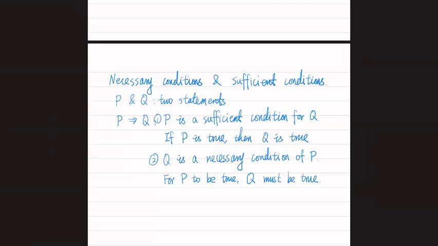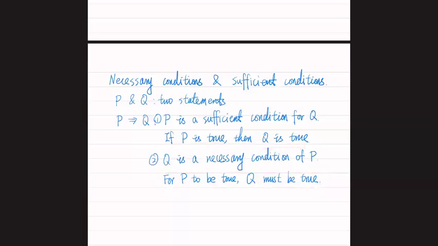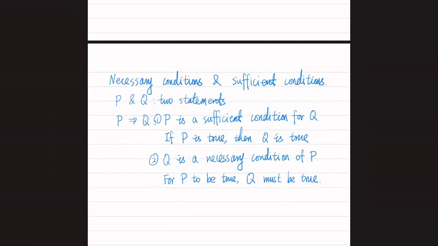Okay, so these are kind of similar, but you see the subtle difference between them. Different emphasis. This emphasis: if P is true, then Q is true. This one: if Q is not true, then P is not true.